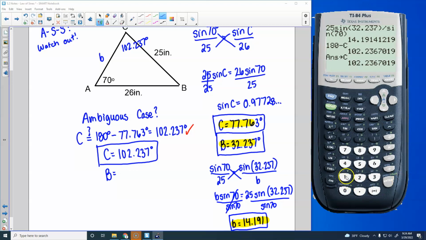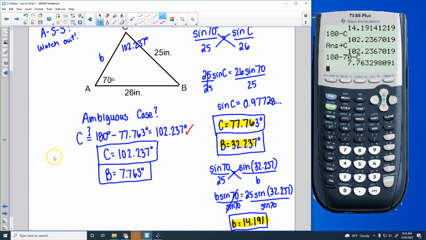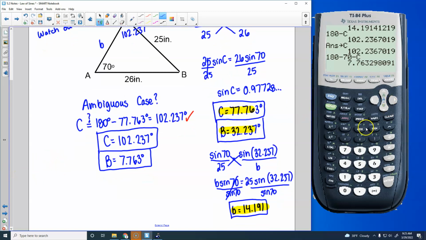And so I can do 180 minus 70 minus that C value, the 102, and I'm going to get 7.763 for our B. And I'm going to store this as my B. It will replace the B that is currently there.